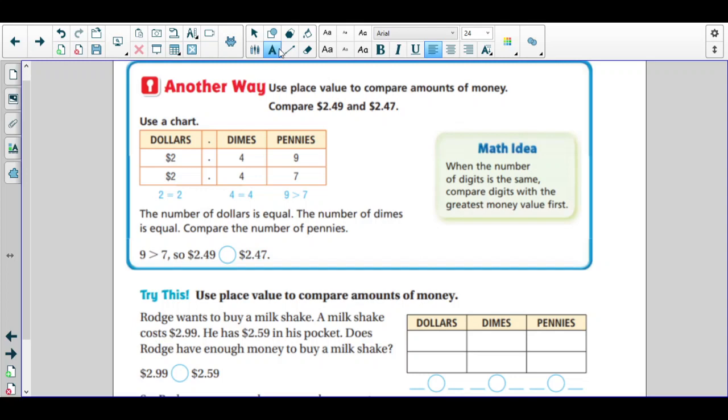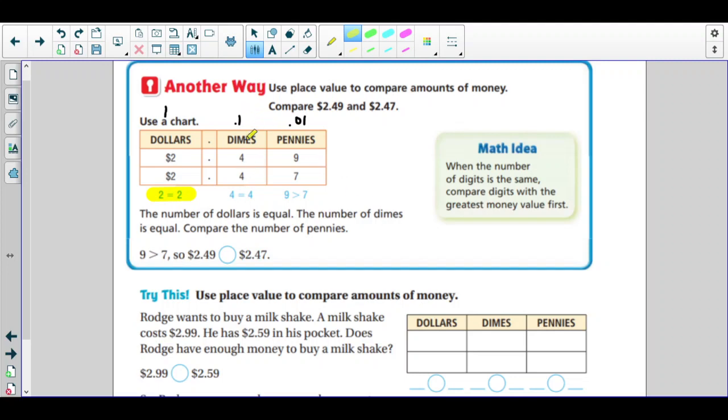And as far as looking at place value and decimals, this is 0.01. This would be 0.1, and this is going to be 1. So, the number of dollars right here, those are equal. All right. Actually, we can see that down here. All right, 2 is equal to 2.